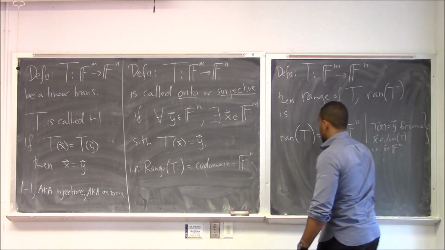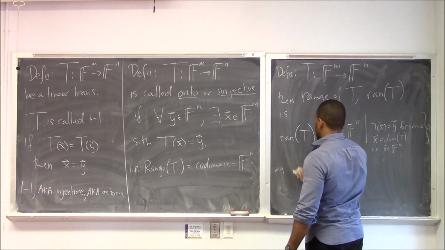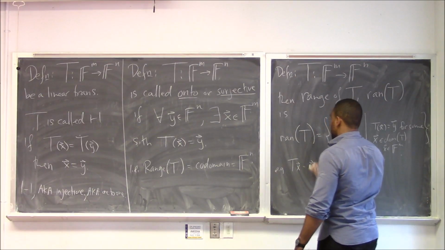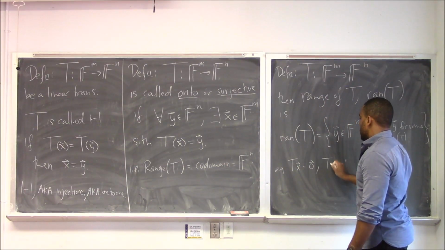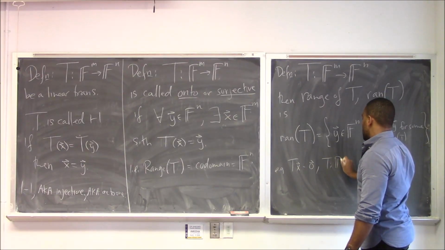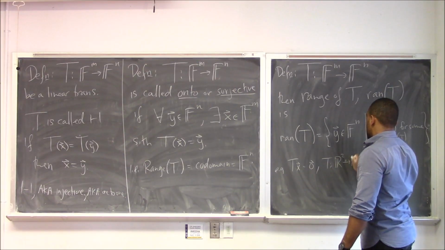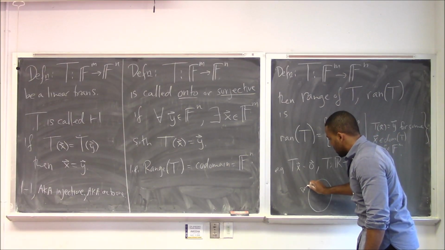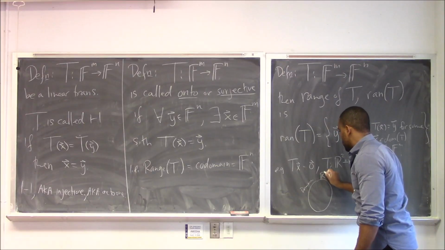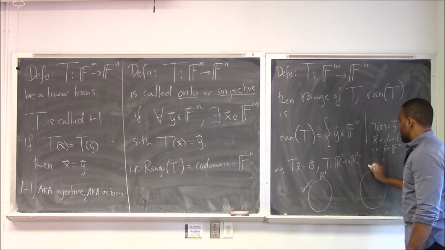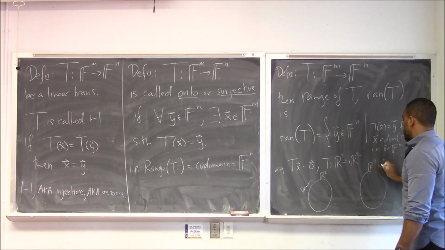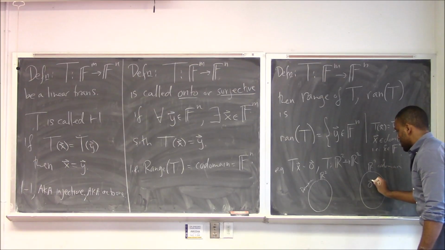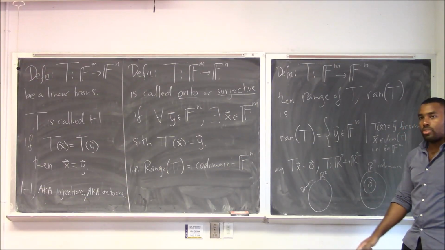So I'm looking at the set of elements that were specifically assigned. For example, say T of x equals the 0 vector, where T goes from R2 to R2. Here the domain is R2 and the codomain is also R2. However, the 0 vector in R2 is literally the only range element.